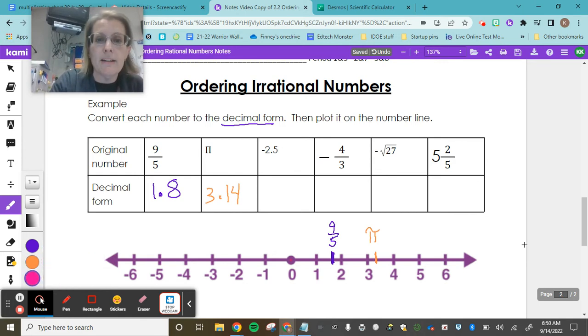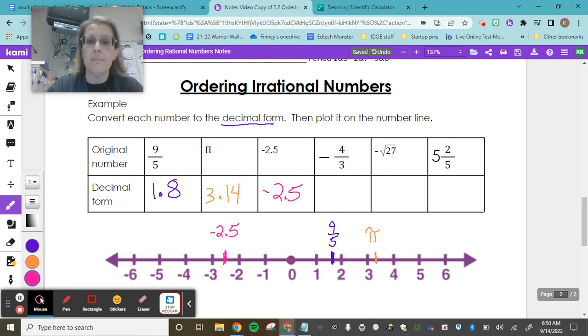The next one is already a decimal. So -2.5, it's already in decimal form. I know it's negative, so this time I have to go to the left. And -2.5 is in between -2 and -3. So it'll be right halfway in between. And label it with our original number, which was -2.5.